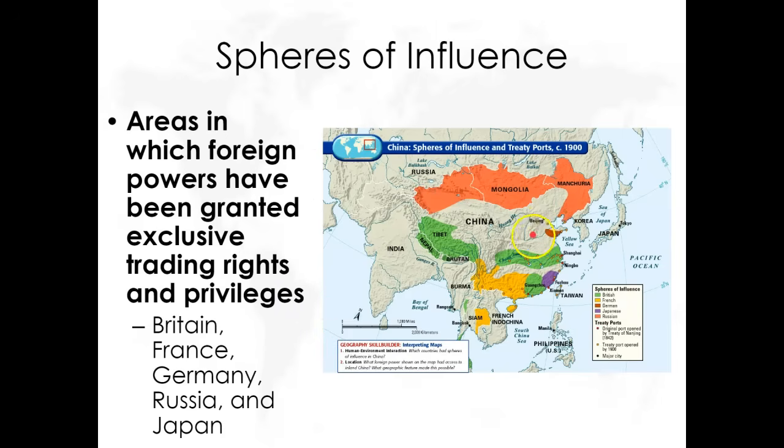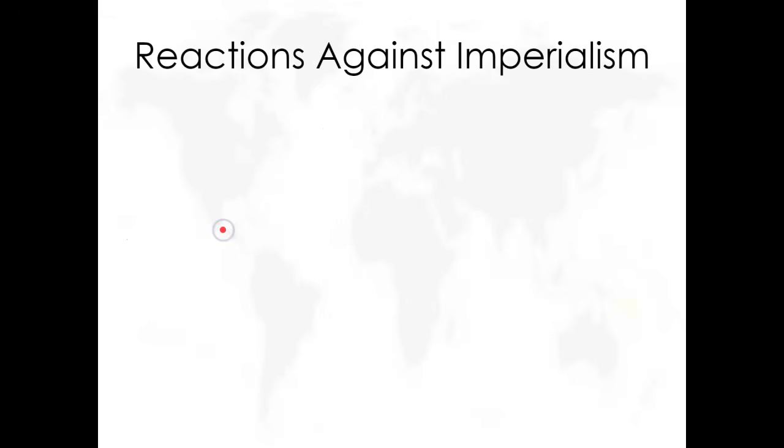So basically, the Opium Wars is going to allow Europeans to now take their own economic slice of China. So China doesn't get colonized by Europeans, but they do get economically controlled by Europeans and also the Japanese. And those are called spheres of influence.